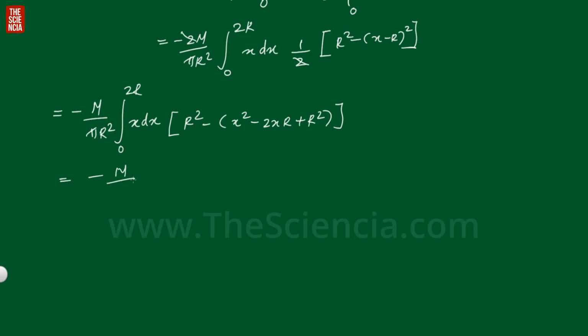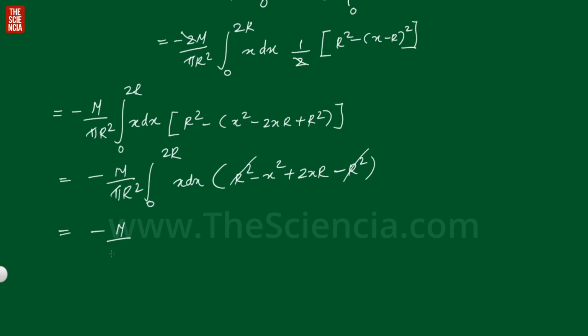That is minus M by pi r square, integral 0 to 2r x dx into r square minus x square plus 2xr minus r square. So here we can cancel this r square and the r square. So the remaining term is equal to minus M by pi r square, integral 0 to 2r of minus x cube dx plus 2x square r dx.